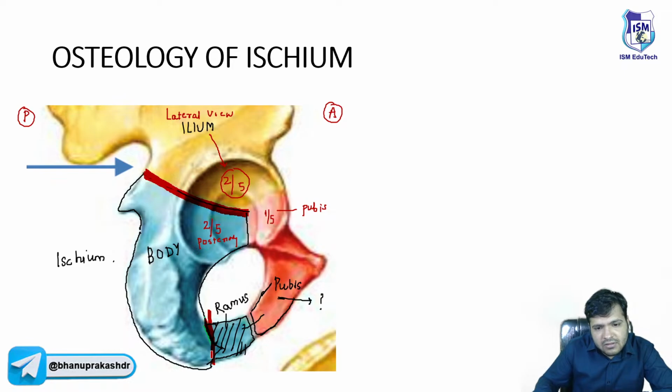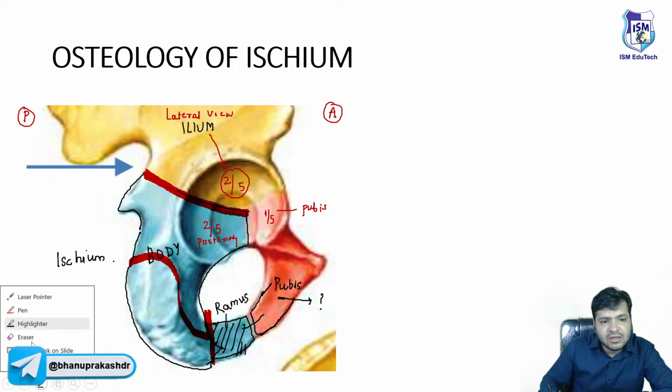This part, the lower end, it is giving rise to the ischial ramus at an acute angle. And remember, in the lower end beta, you will encounter a tuberosity, and this tuberosity is called the ischial tuberosity.